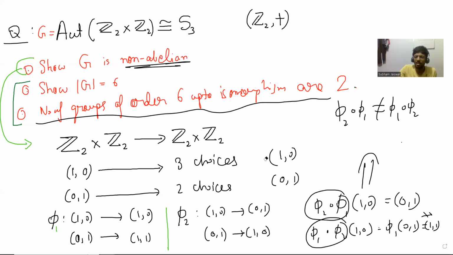So this is fine. This is one thing, but what I want to say is, see, the more conceptual ways, I think even in Sylow theorems, we were doing this kind of thing.